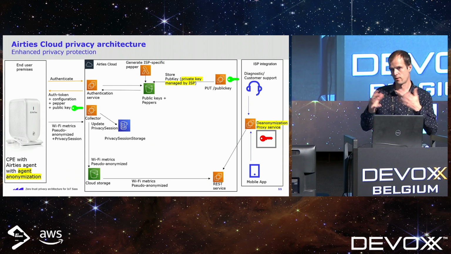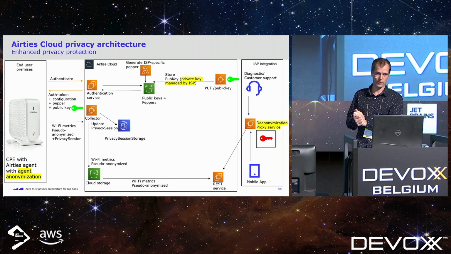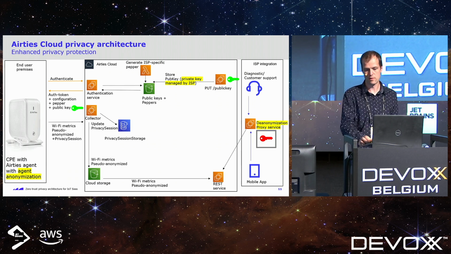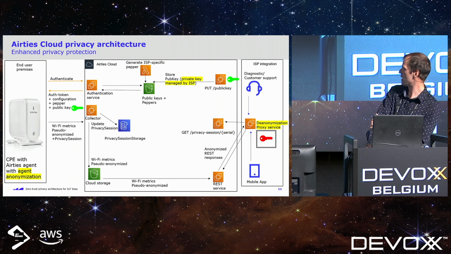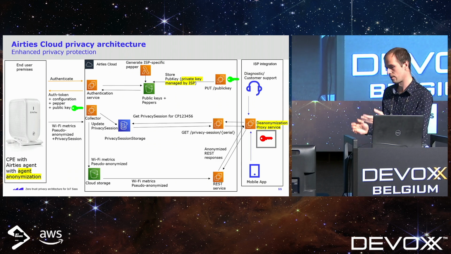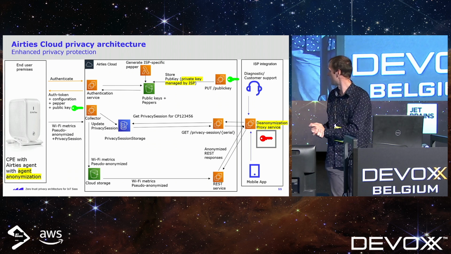So if you have a REST service which answers a response on 2 access points over the last 4 weeks, it will say we know which. We ask the privacy storage to give all privacy sessions which belong to those access points in those weeks.